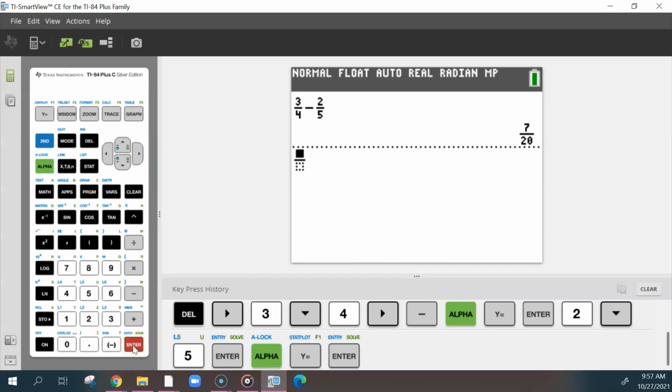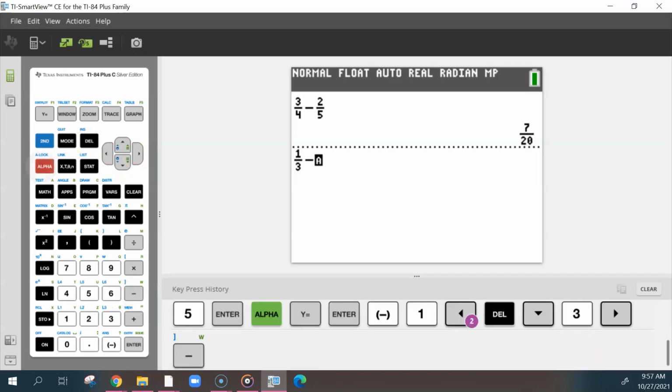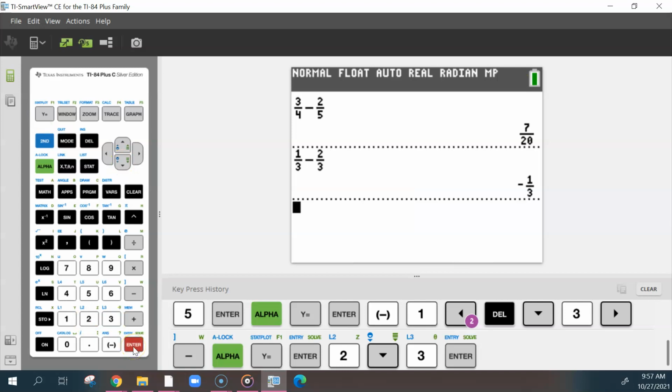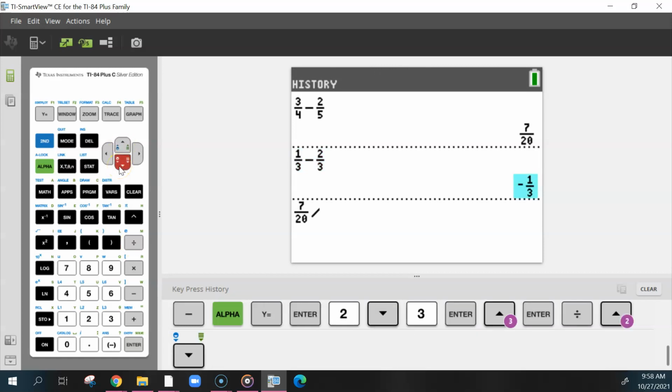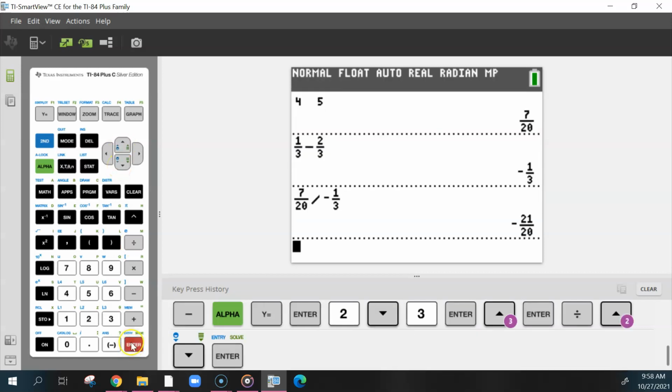I'm going to put in the bottom fractions just because I'm doing this on my calculator. So negative, I'm sorry, it wasn't negative, it was just 1. 1/3 minus 2/3 would give us negative 1/3. Then I could go back up so that that's highlighted, hit enter, hit the division, go back and grab my other one, hit enter, and then hit enter again.